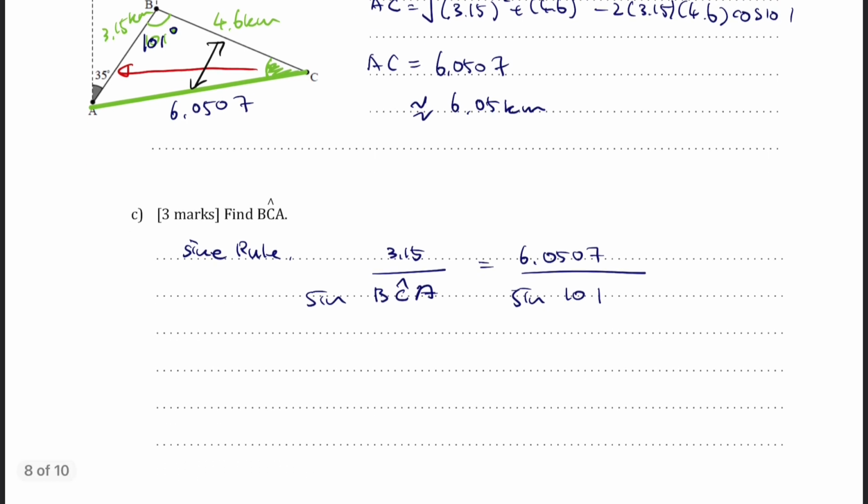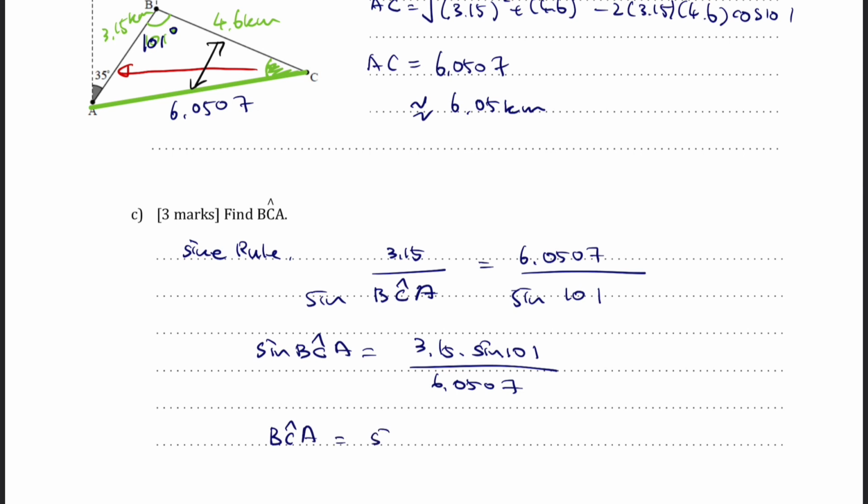Then we can say sine BCA is the same as 3.15 times sine 101 over 6.0507. Then the angle BCA is equal to inverse sine of everything.